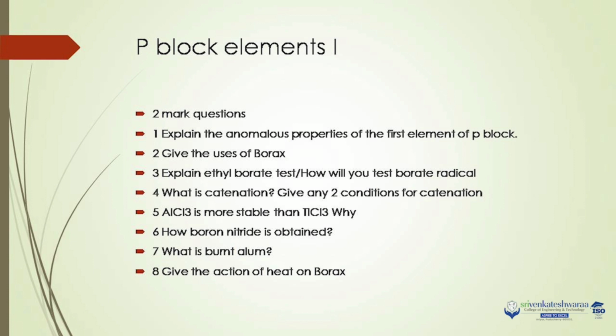Then arsenic, antimony and bismuth are metalloids and we have the metal. Regarding nitrogen, high electronegativity and small size are the main reasons, and hence it forms a triple bond, and hence it is different from other elements.